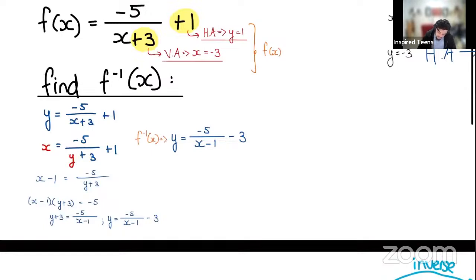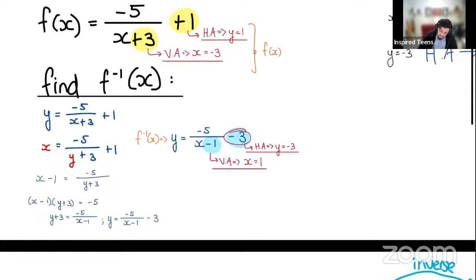In our inverse, we can see that this is our vertical asymptote, and it has the equation of x is equal to +1, opposite sign, remember. And this is our horizontal asymptote, and it has the equation y is equal to -3.